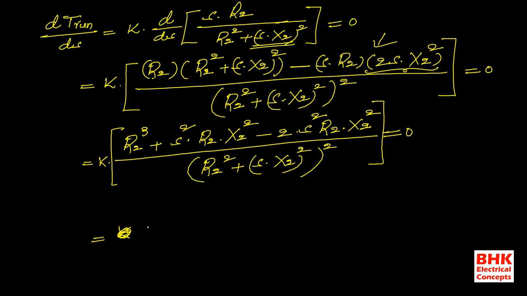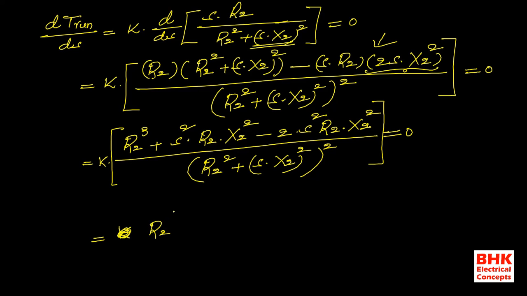The denominator r2 square plus s into x2 square whole square multiplied with 0 gives 0, and 0 divided by k means 0.